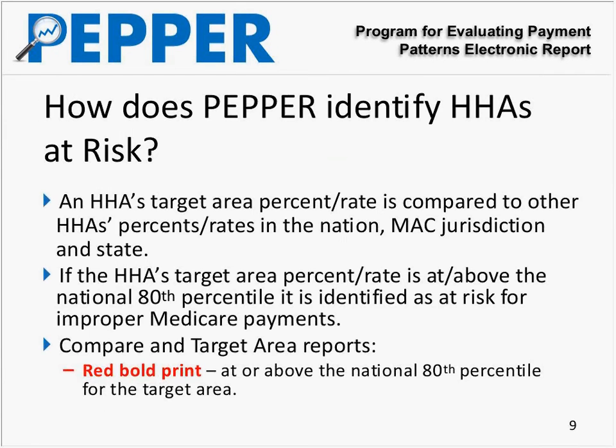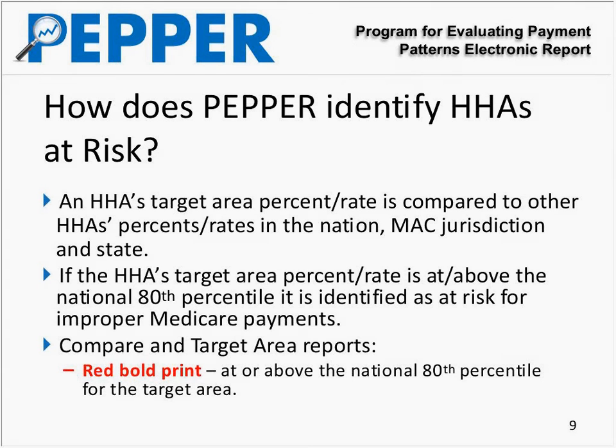So how will you know when you're an outlier in the PEPR? Well, again, in the PEPR, we take the target area percent or the rates for the 3 comparison groups. We sort them from highest to lowest, and then we calculate the percentiles for each comparison group.